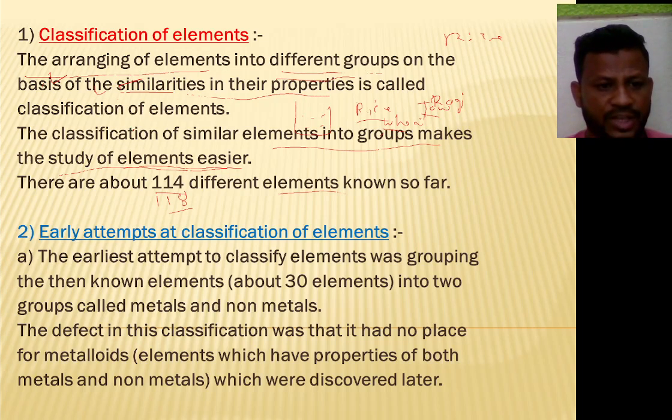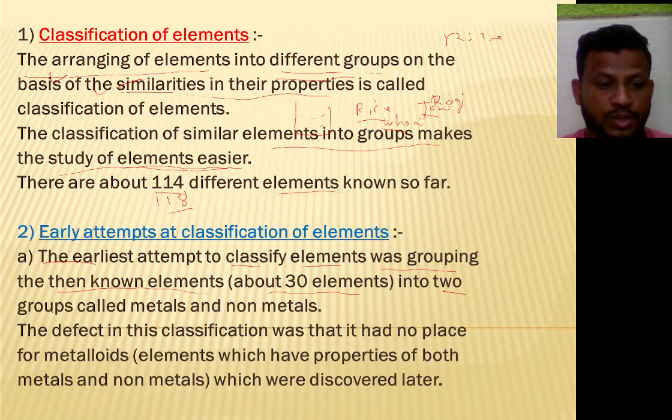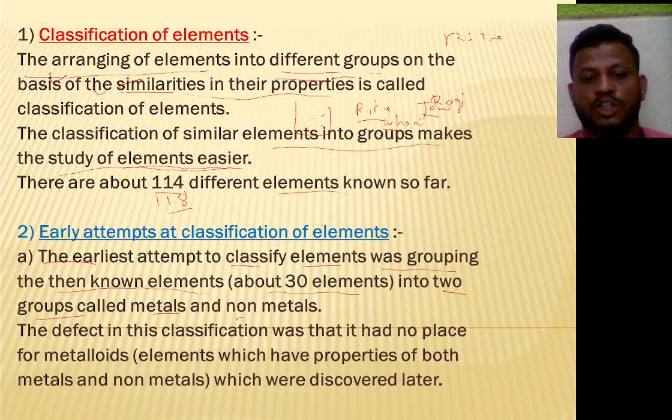First of all, the earliest attempt at classifying the elements was grouping the known elements, about 30 elements, into how many groups? 2 groups, called metals and non-metals.